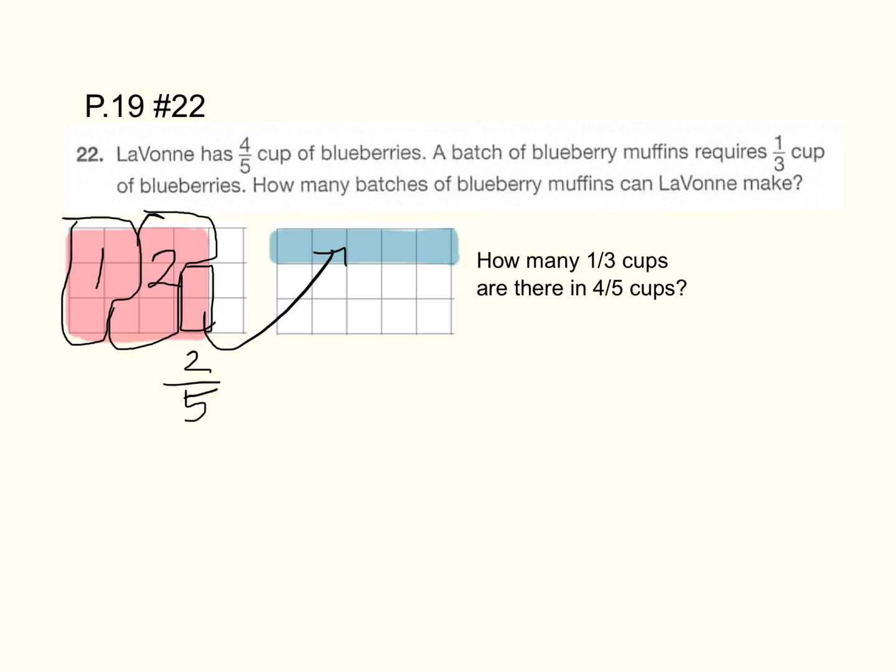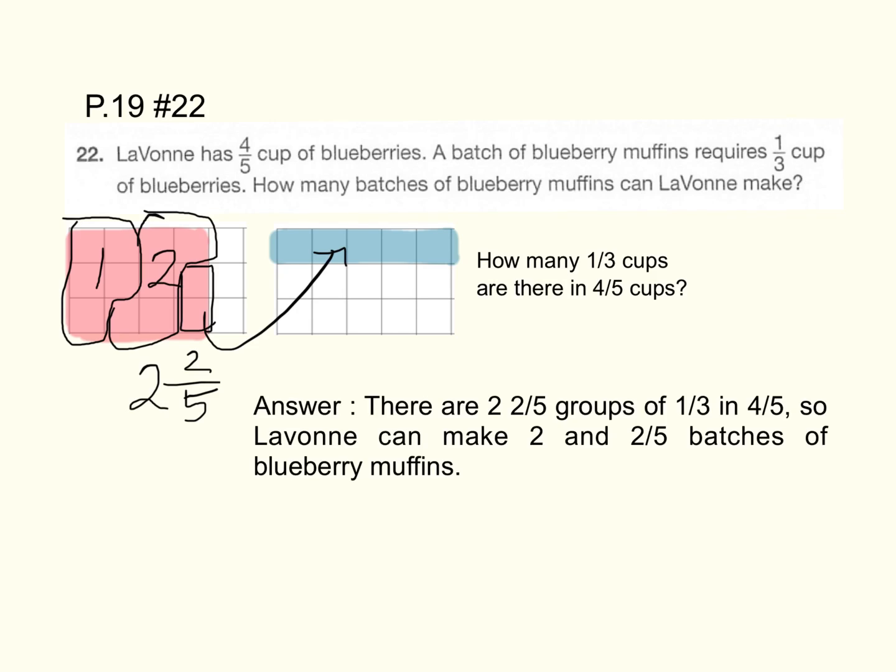Okay, so your answer is going to be 2 and 2/5 because there are 2 and 2/5 groups of blue patch in the red box. So 2 and 2/5 of 1/3 in 4/5. It sounds really complicated, but let me write it down. Okay, here it is. There are 2 and 2/5 groups of 1/3 in 4/5. So Levon can make 2 and 2/5 batches of blueberry muffins.